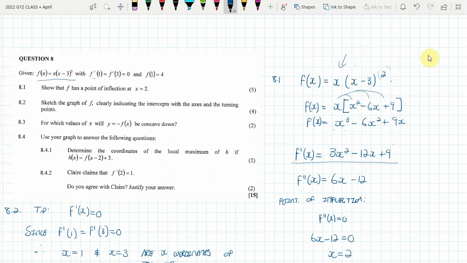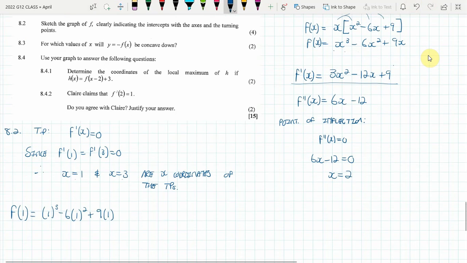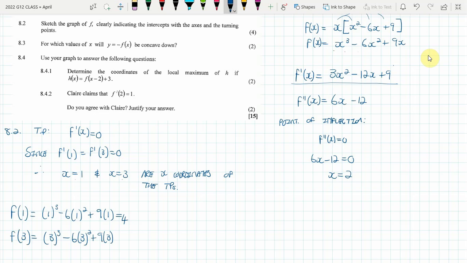So if you find the first one more efficient, you are welcome to use it. f at 1 is 4. And what about f at 3? It's 0.